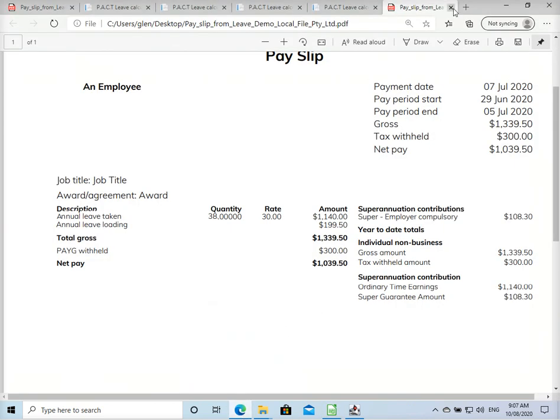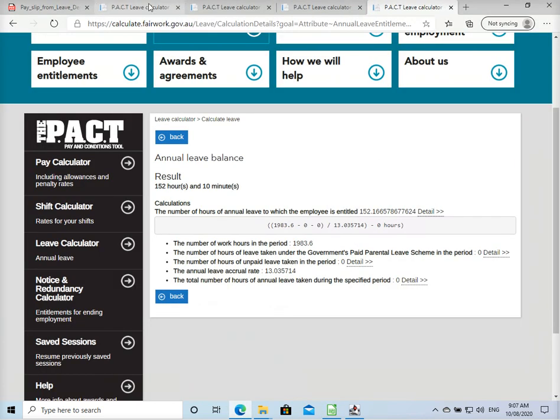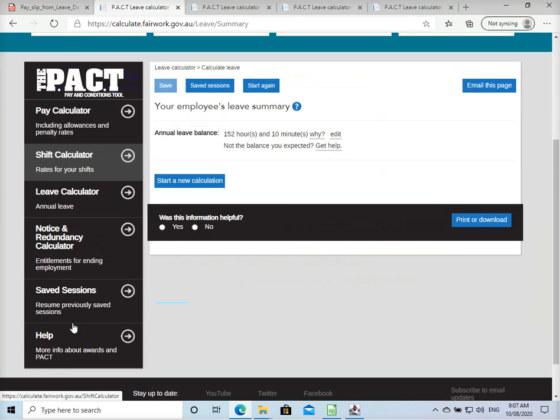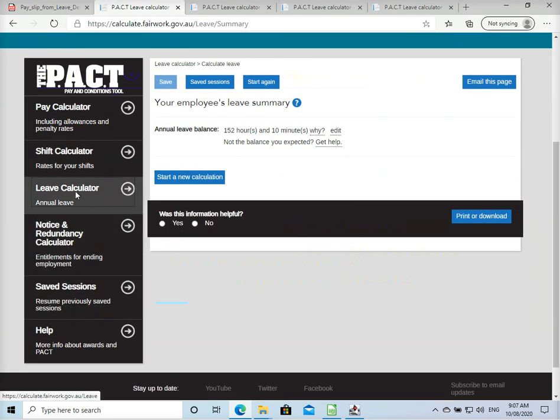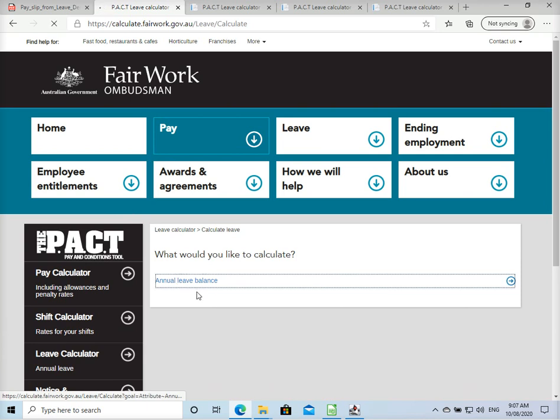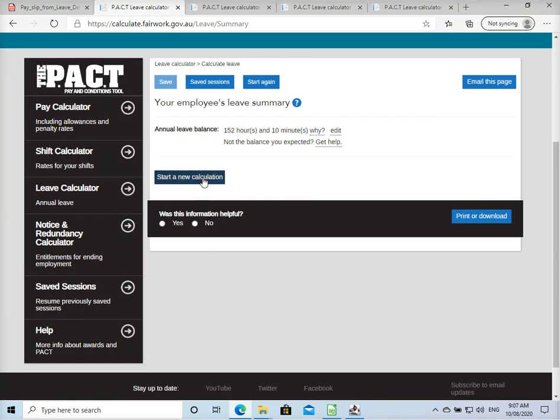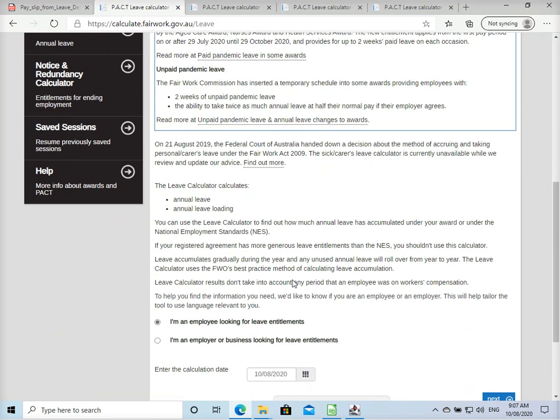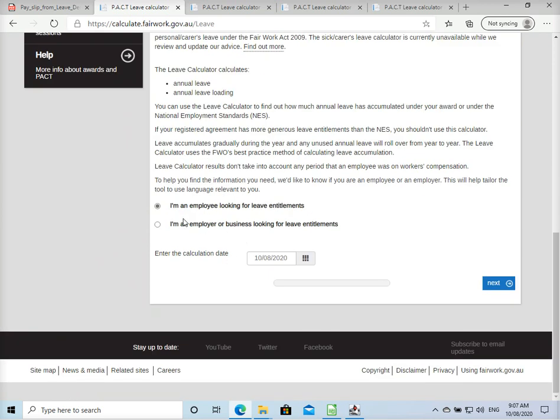There is a leave calculator on the Fair Work website, and you can calculate the annual leave. In fact, I'll just start a new calculation there, and you can click I'm an employer looking for leave entitlements.